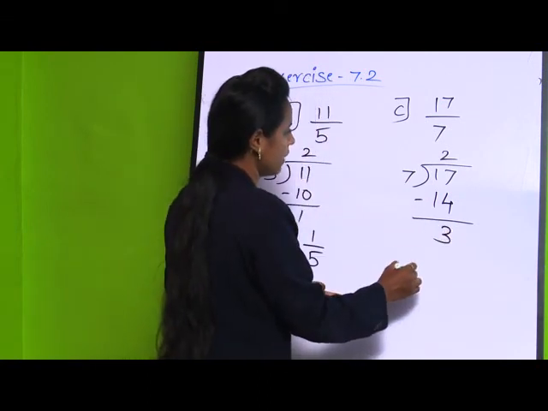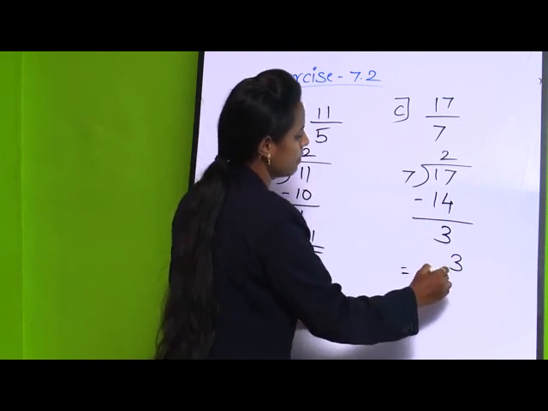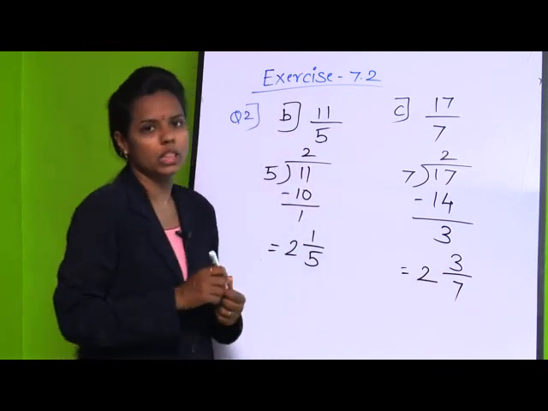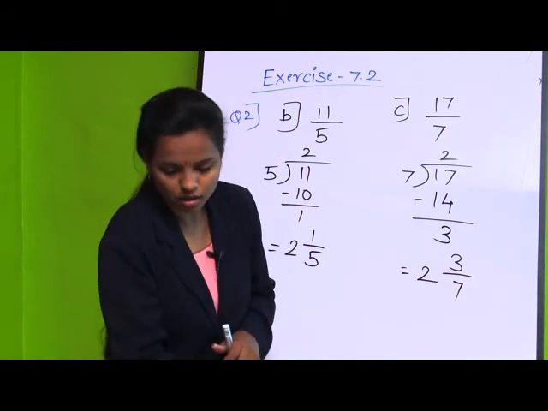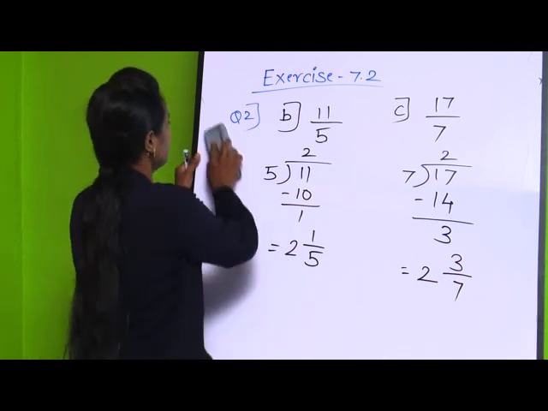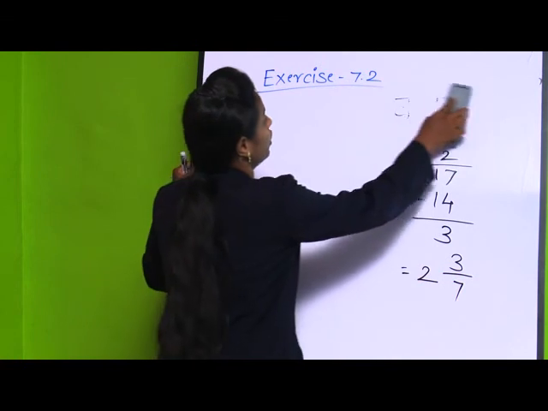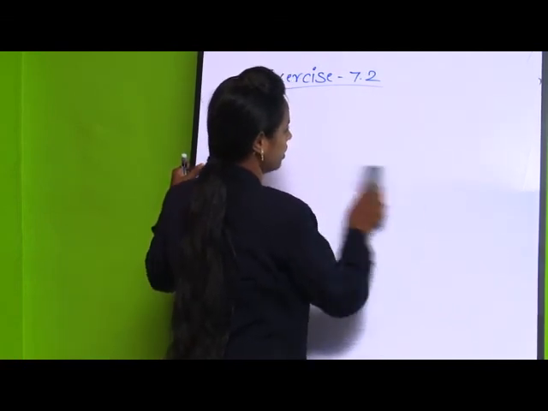To write the mixed fraction, 2 is the quotient, 3 is the remainder and 7 is the divisor. So 2 3 by 7 is the mixed fraction. We have a few more examples, we will solve those also, so you can easily understand the concept of converting improper fractions into mixed fractions.